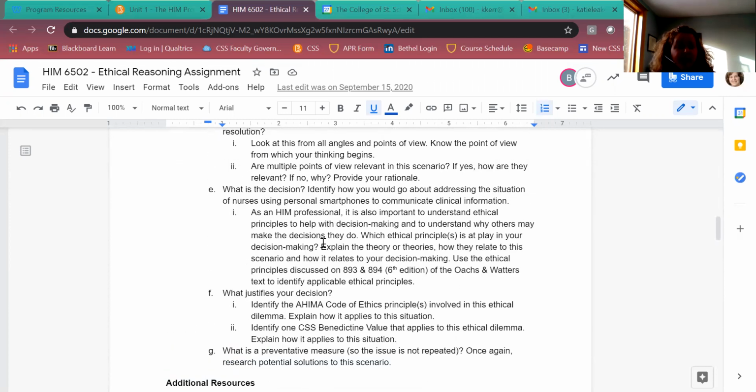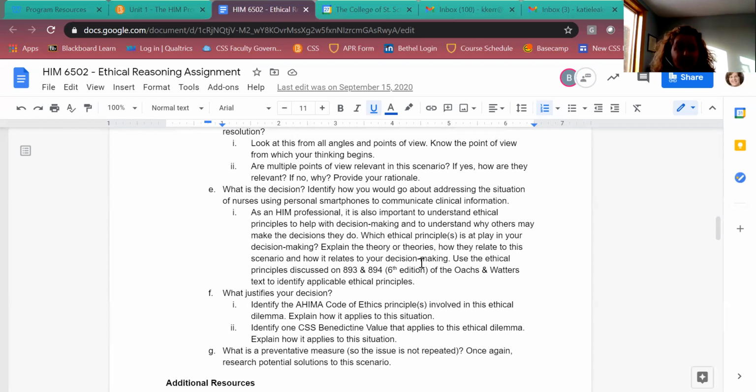Then letter E here, what is the decision? Identify how you would go about addressing the situation of nurses using personal smartphones to communicate clinical information. Okay, so with this, I just give you some more information here on how, as an HIM professional, it's important for you to understand ethical principles when you're making decisions and identify and understand why others may make the decisions they do.